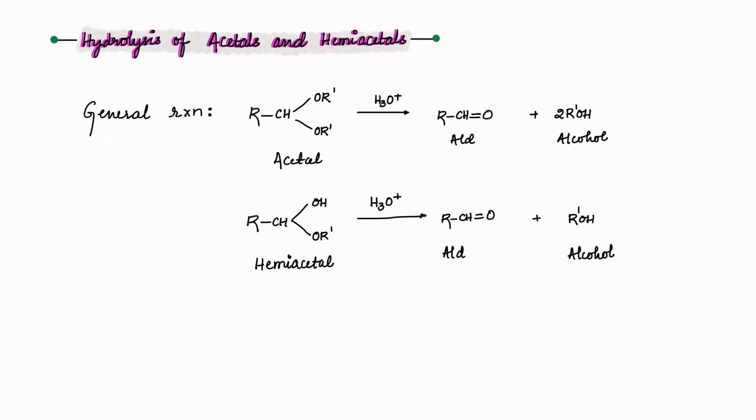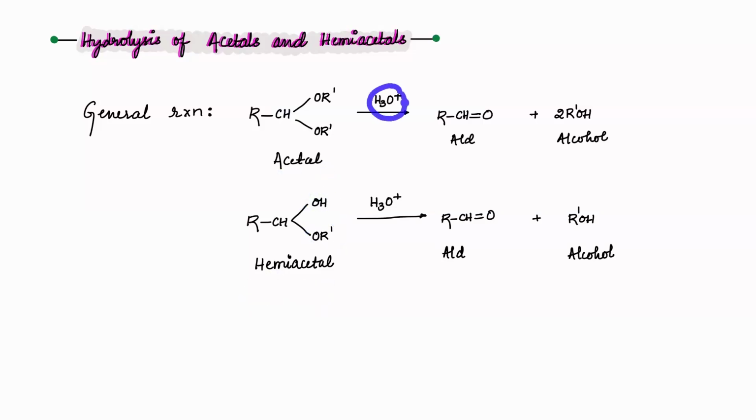Next, what if you have to identify the hydrolysis of acetals and hemiacetals? See, by definition, acetal is an ether which is geminal position, which means on the same carbon position, if you have two ether groups, that is called acetal. If you have one OH group and one OR group, that is called hemiacetal.